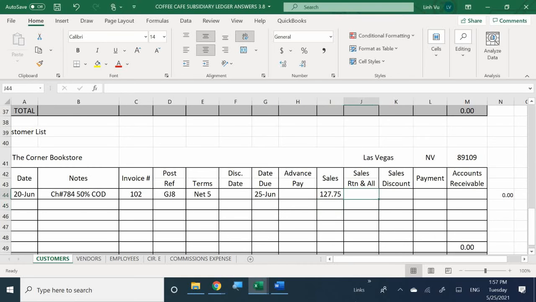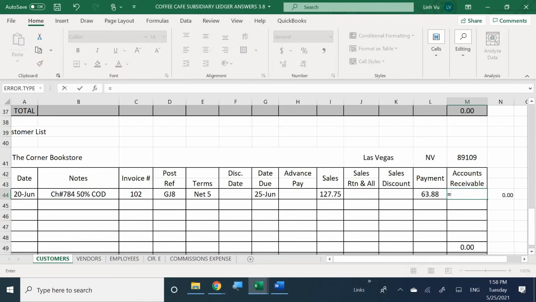And I put a payment of 63.88. Then my formula I put in equals sales minus sales returns and allowances minus sales discounts minus payments equals. It should come to 63.87.